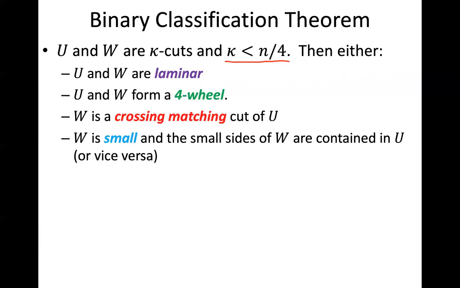And this is exhaustive. Every 2 cuts satisfy one of these properties. And of course, we go on and prove other structural features of wheels separately, and crossing matching cuts separately, and small cuts separately, and so forth. But this is the main classification theorem.